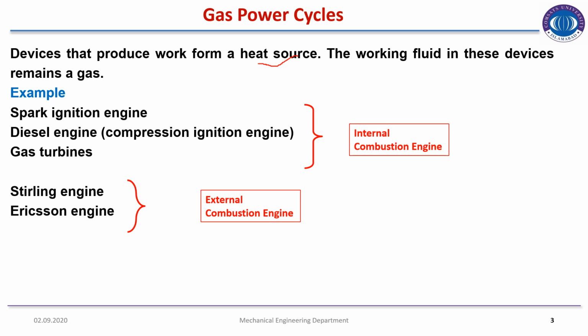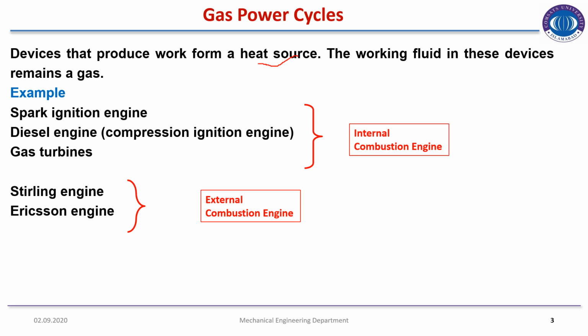Here the spark ignition engine is mentioned. Usually, as in the second example, it is written as diesel engine. The petrol engine is also known as the spark ignition engine.